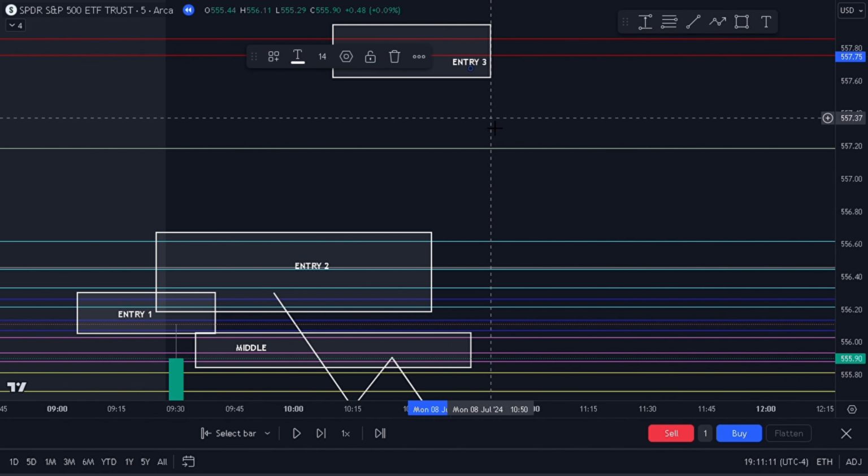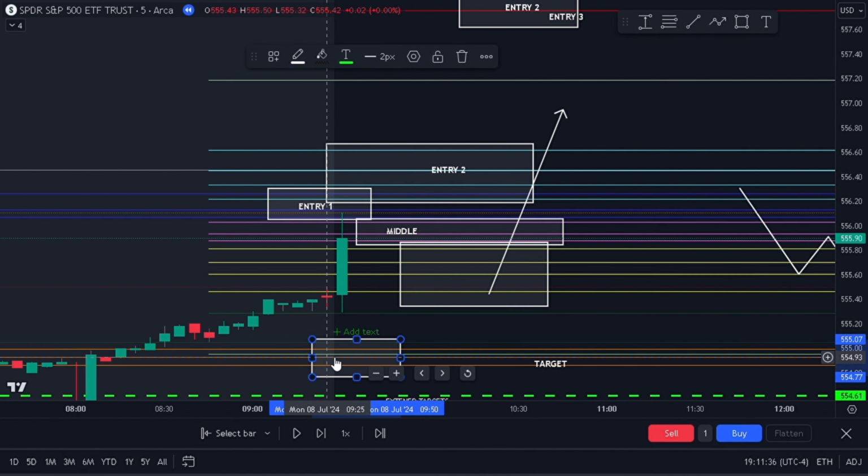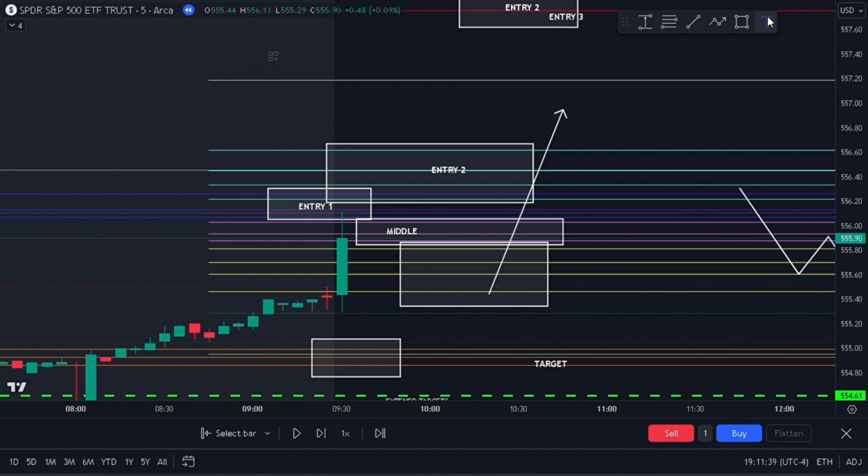Now, if this was going to the upside, so let's just move the direction, then here will be entry 1, and here will be entry 2.